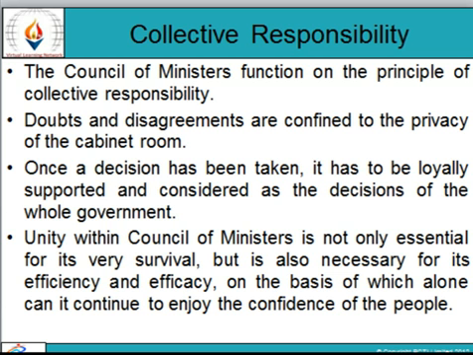Unity within the Council of Ministers is not only essential for its very survival, but is also necessary for its efficiency and efficacy, on the basis of which alone can it continue to enjoy the confidence of the people.